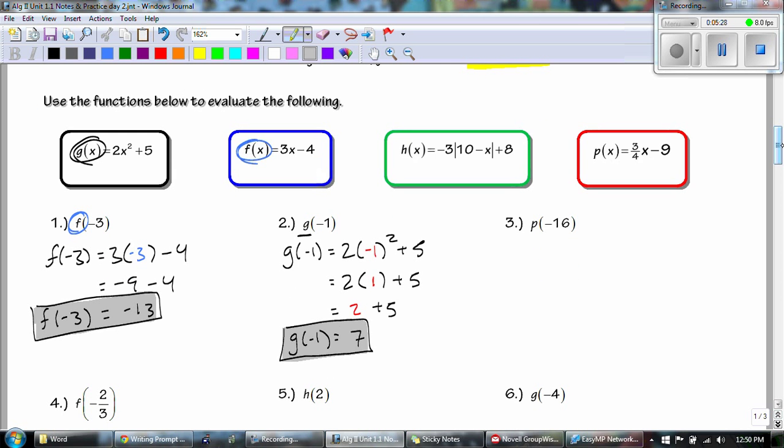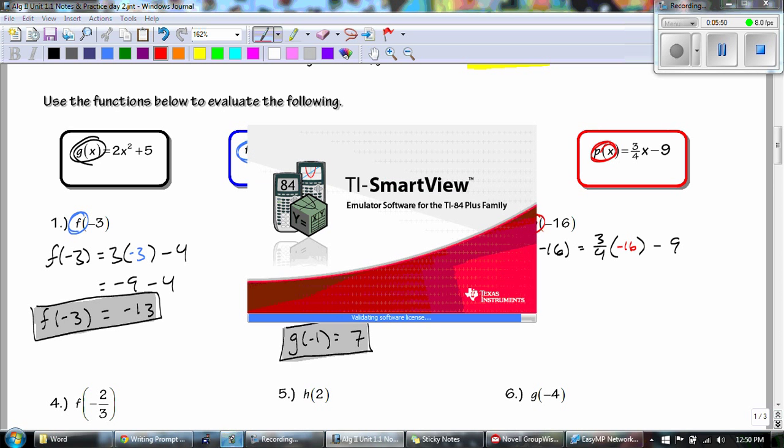Okay. All right, number 3. We've got the p, so make sure you find p of x. So p of negative 16 equals 3/4 times negative 16 minus 9. And remember, if you're having trouble with that, use your calculator, guys. Okay?